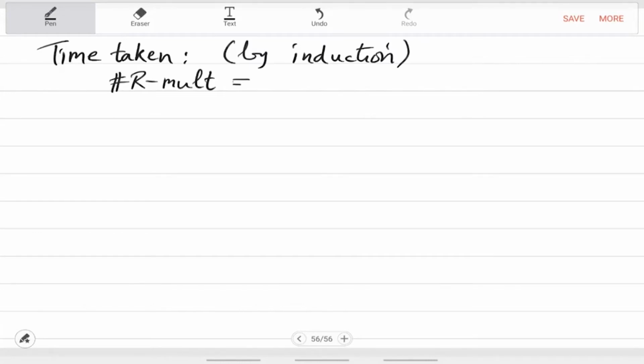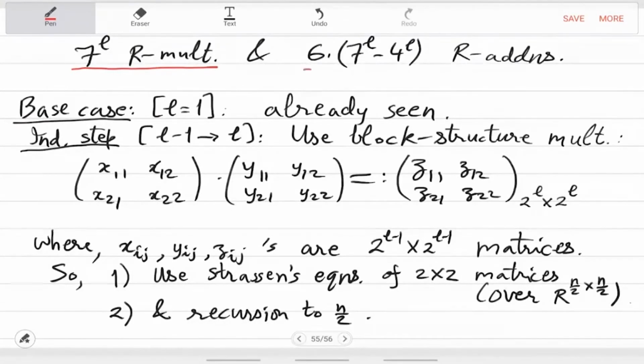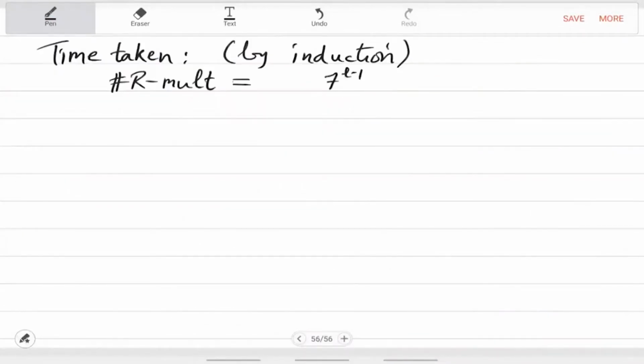So R multiplications that you are doing, that is 7 to the L minus 1, many multiplications. Right, that is for n by 2 times n by 2 matrices. And how many such multiplications you are doing in the induction step? That is given by Strassen's number, which is 7. So that's 7 to the L, which is the correct value to go to L.